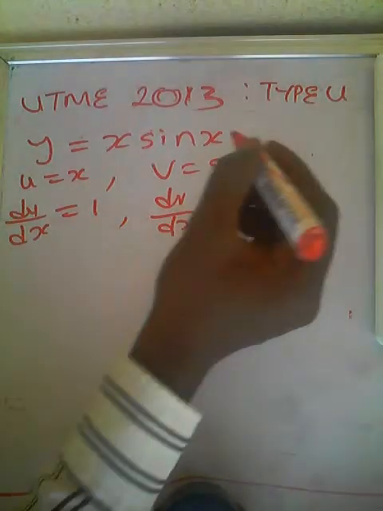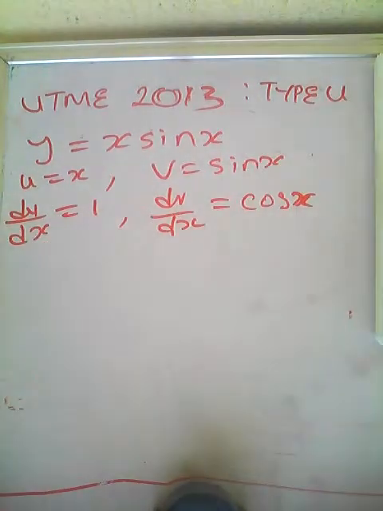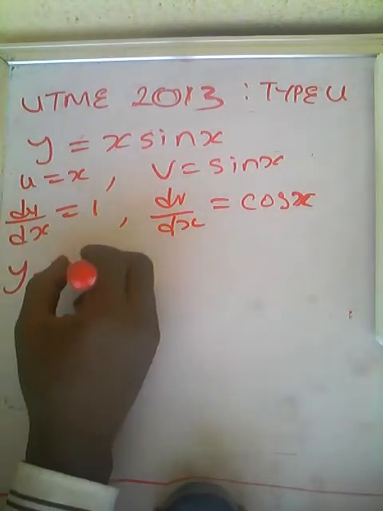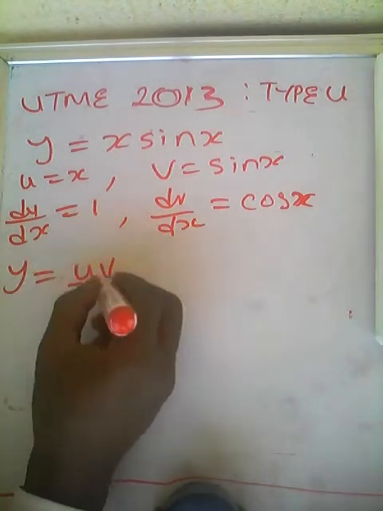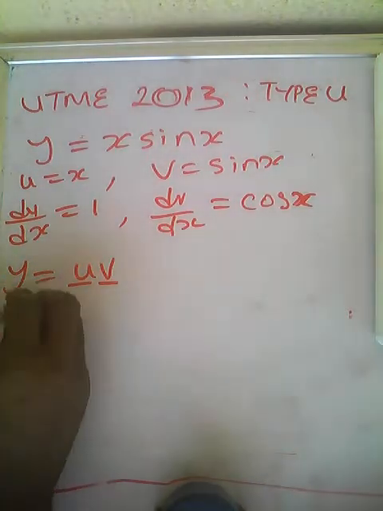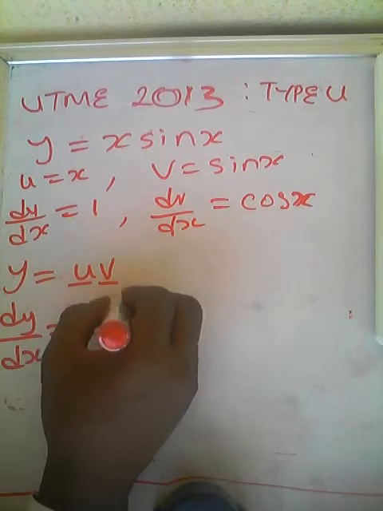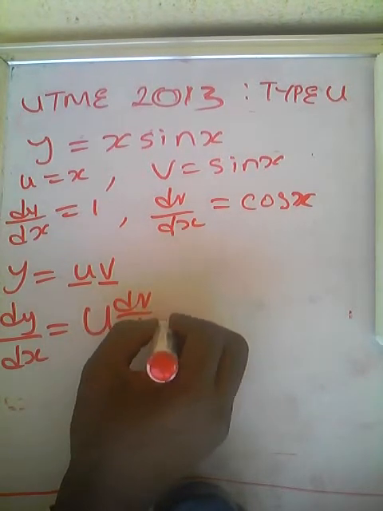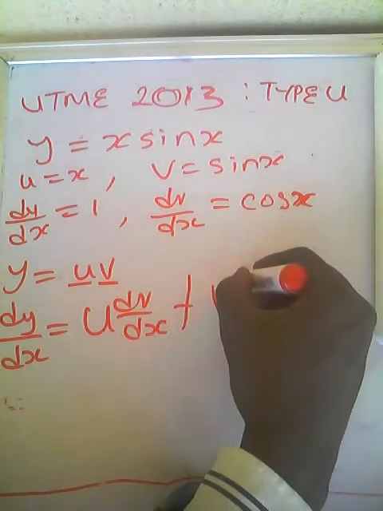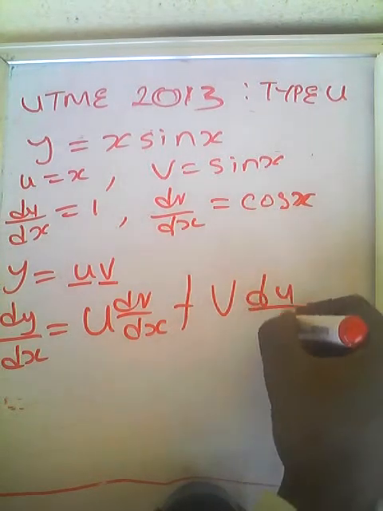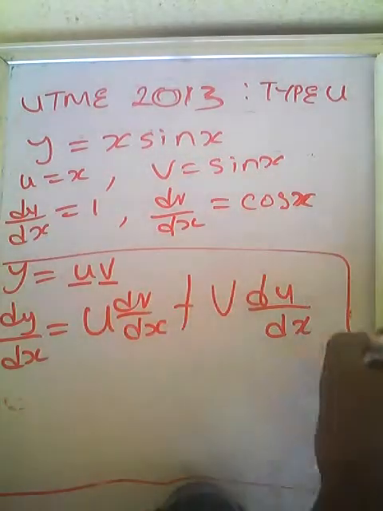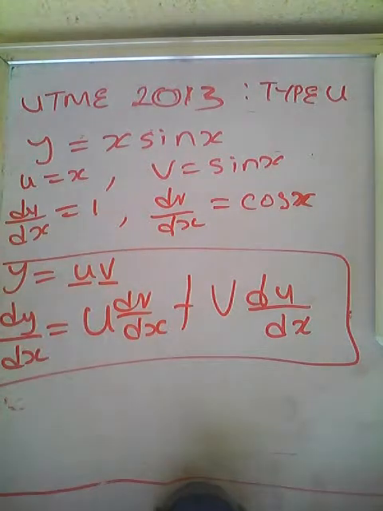From the product rule, if y is uv, where u is a function and v is another function, then dy/dx will be u dv/dx plus v du/dx. Simple. This is the basis of the derivative of a product function.